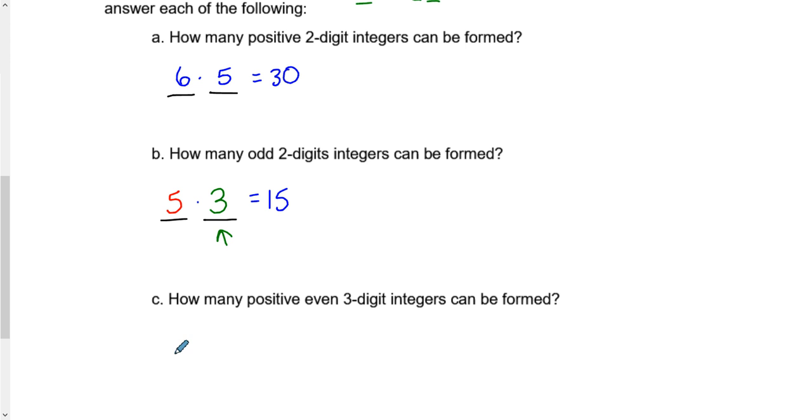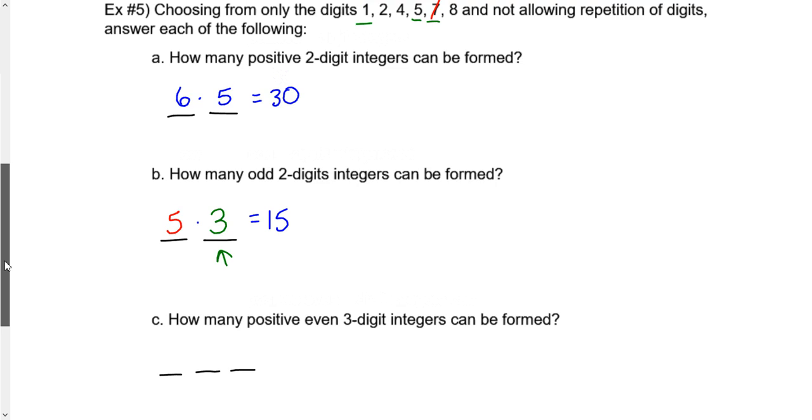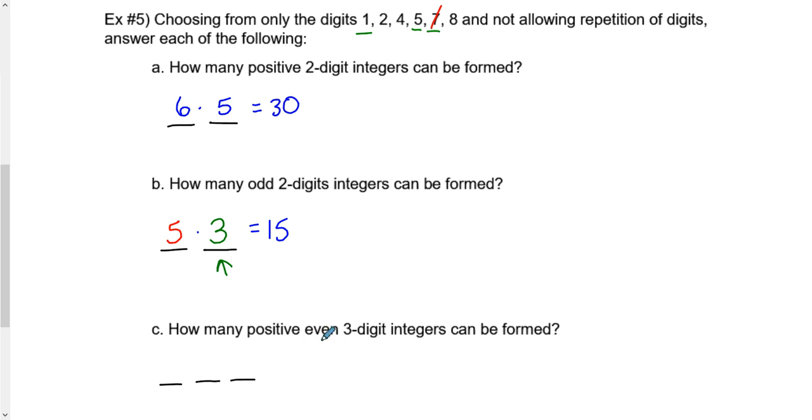Last but not least, talk about 3-digit integers. Oh, it's talking about even. Well, which digits are even? The 2, the 4, and the 8. To define even, we only care about that last digit. So we'd have 3 options for that last spot.